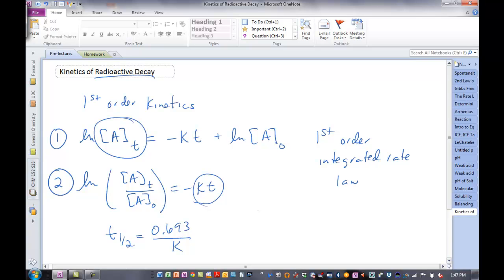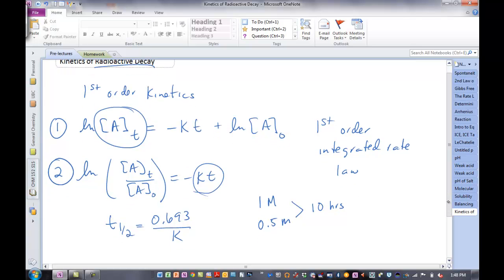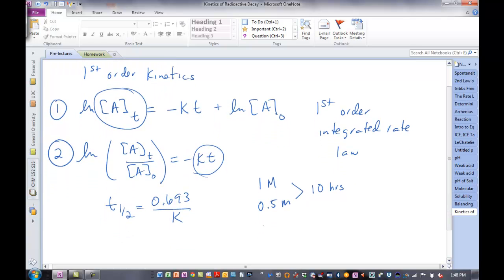So if I had a solution that, say, was 1 molar, and it took, let's say, 10 hours to go from 1 molar to half molar, that would be its half-life, the time it took for the concentration to be cut in half. And so for a first-order reaction, I then know it's going to take another 10 hours to cut the concentration in half again.